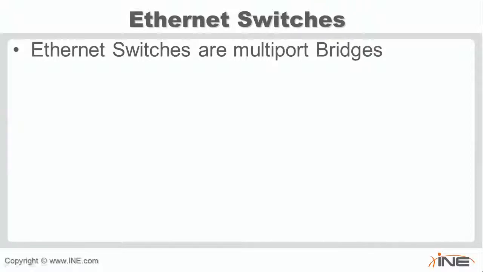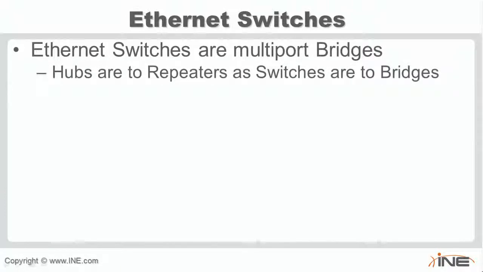For small ones, maybe 4 to 8, and then the typical enterprise access switches usually come in multiples of 12 or 24, like a 24-port switch or a 48-port switch, and they go up from there. But the idea is the same: a hub is a multi-port repeater, where a switch is basically just a multi-port bridge.